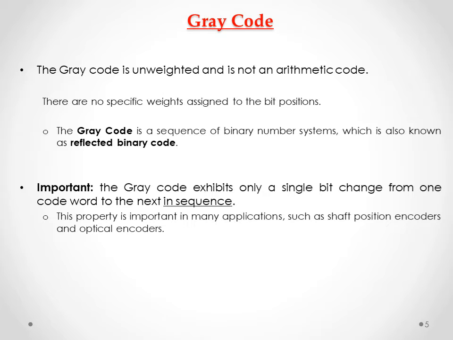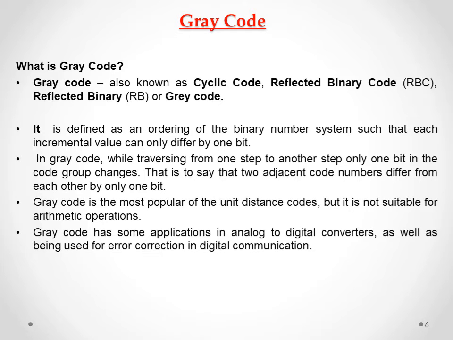This property is important in many applications such as shaft position encoders and optical encoders. Gray code is also known as cyclic code or reflected binary gray code. It is most popular as a unit distance code, but it is not suitable for arithmetic operations. Gray code has applications in analog to digital converters as well as being used for error correction in digital communication.